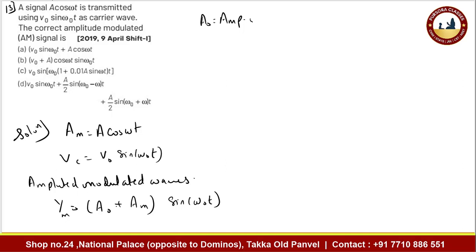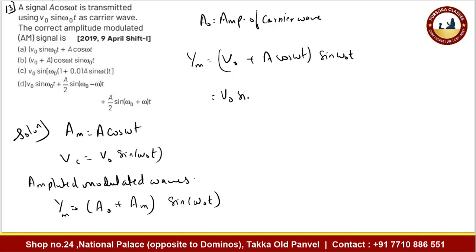So substitute: y will be equal to, the carrier wave is V naught, plus AM is A cos omega t, into sine omega naught t. If you open the bracket, we get V naught sine omega naught t plus A cos omega t sine omega naught t.